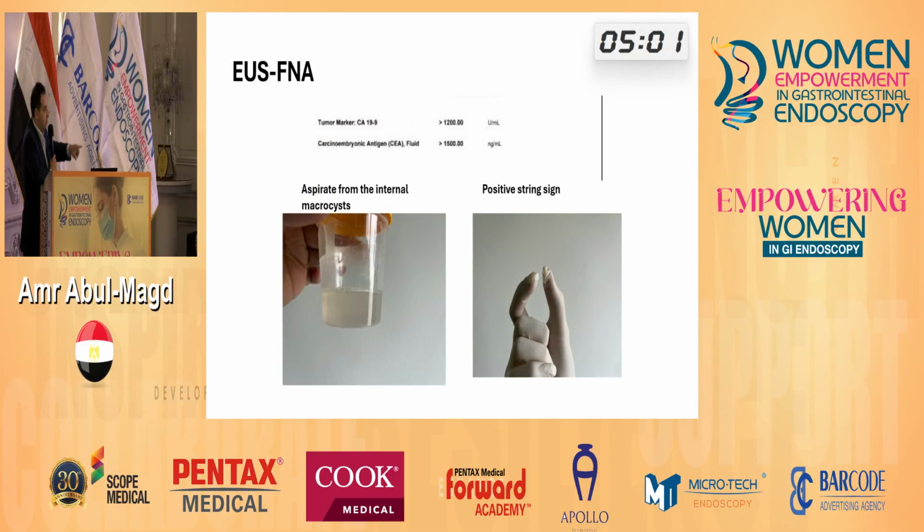So I started to insert the needle in the microcystic area in this cyst, and I found this thick whitish material, positive string sign. This is ideal of IPMN. And with aspiration CEA and CA 19-9 once elevated, there is a purely mucinous cystic neoplasm.